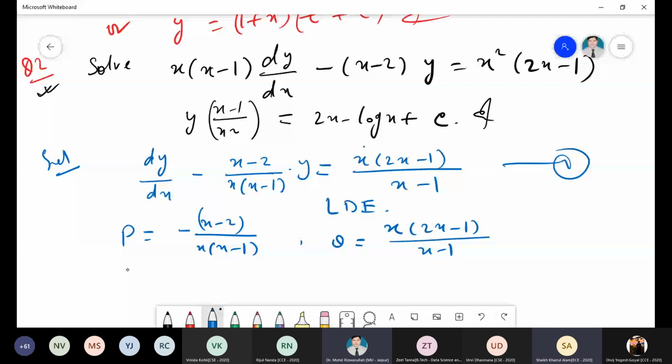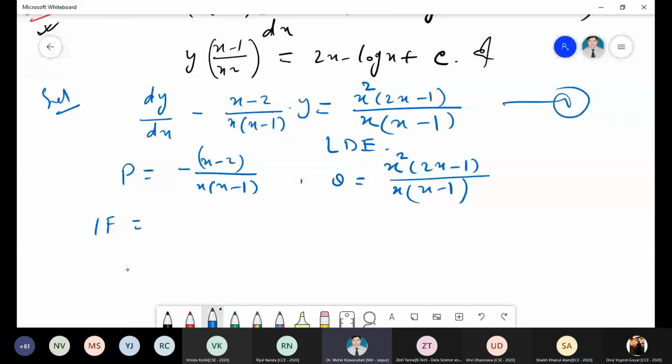Okay. So what is your integrating factor? Integrating factor is e to the power minus integration of (x minus 2) upon x into (x minus 1) dx, right? So find the partial fraction. I said partial fraction is very important. So what is your partial fraction finally? With the minus sign, this will be 1 by (x minus 1) minus 2 by x dx. Are you getting this? Yes, sir. Is it okay?